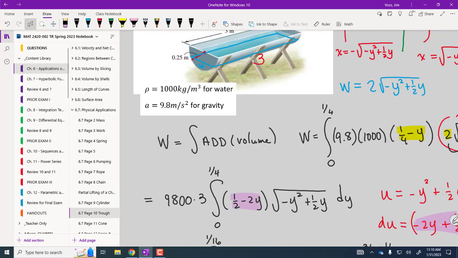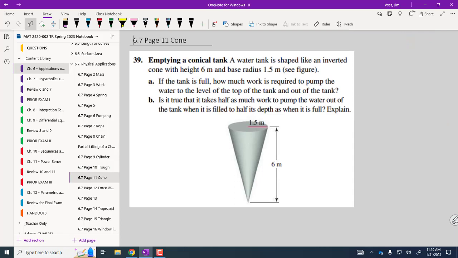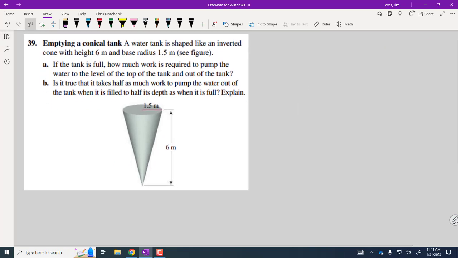All right, let's try one more complicated looking one, a cone. So there's a cone. So let's see if we can look at a representative cross section is right there. And if we add thickness to it, then we get a representative slice.